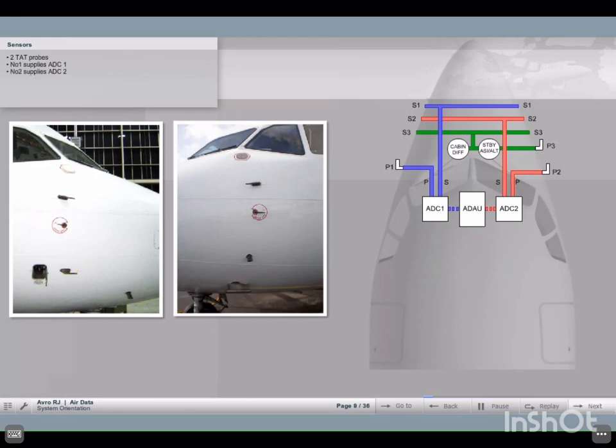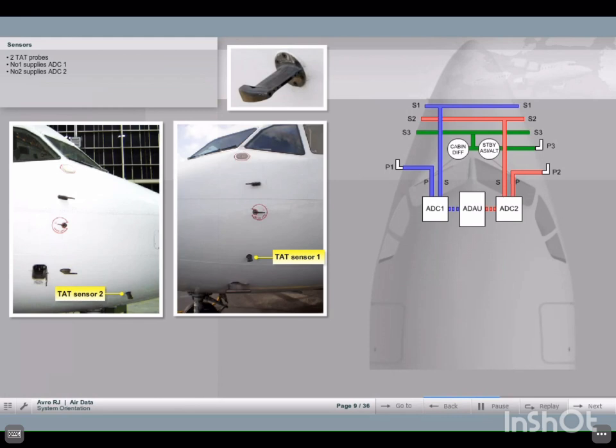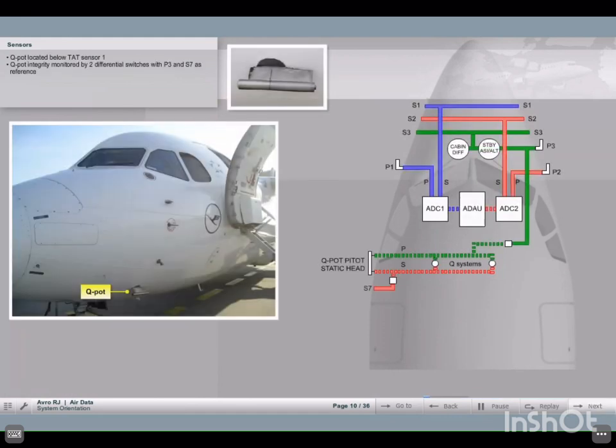Two total air temperature probes are used. Number 1 on the left side of the nose, which provides temperatures to ADC 1, and number 2 on the right side of the nose, which supplies ADC 2. The QPOT pitot-static head is located below the TAT probe 1.